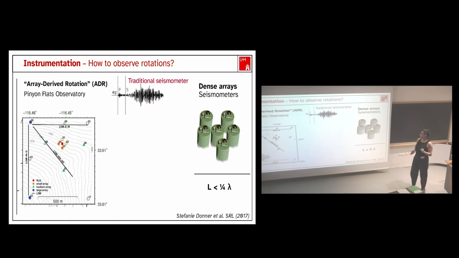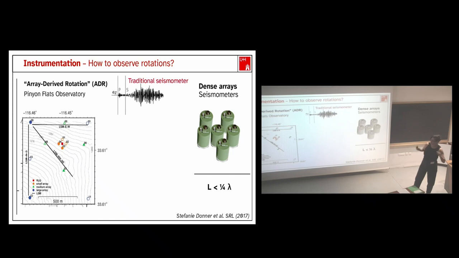And there's one study at Pinon Flat Observatory done mainly by Stefanie Donner, where we used the pretty small array at Pinon Flat. Here it's a bit of a busy picture, but essentially the dots are seismometers.